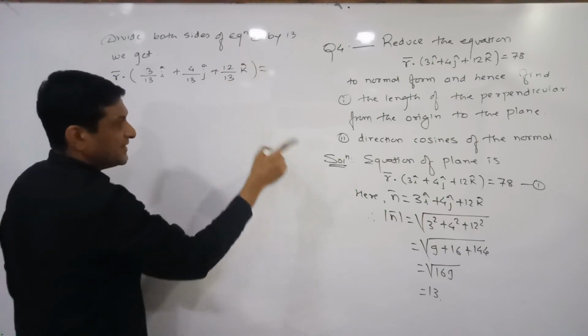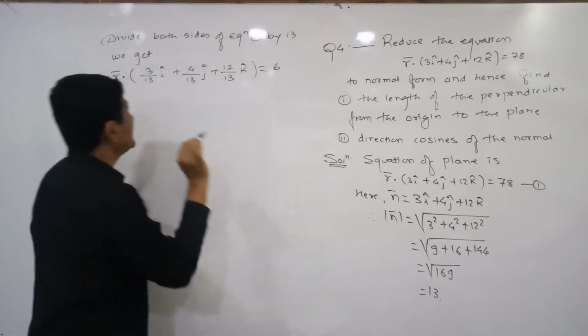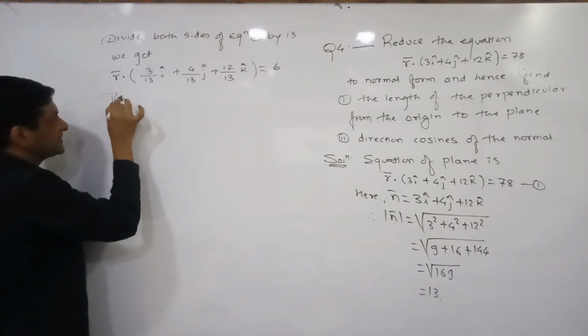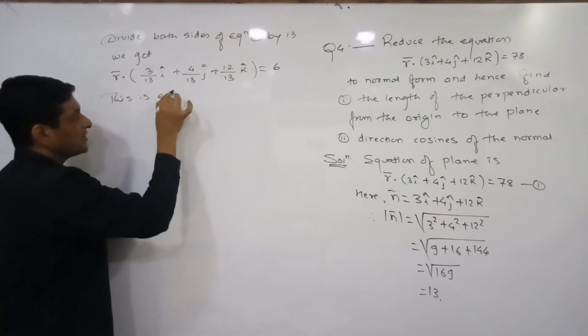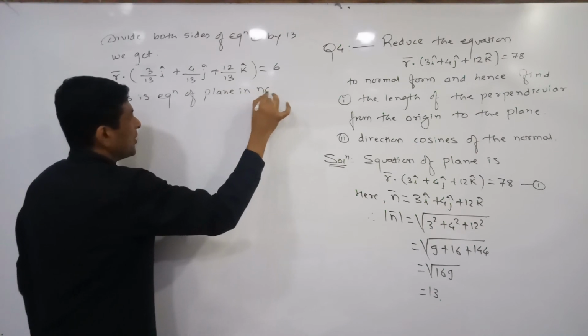On that side, 78 divided by 13 will be equal to 6. So in this way we have got the equation of the plane in normal form.